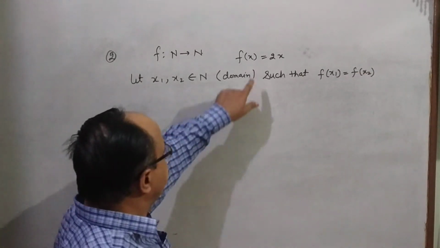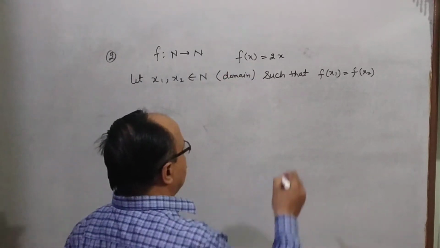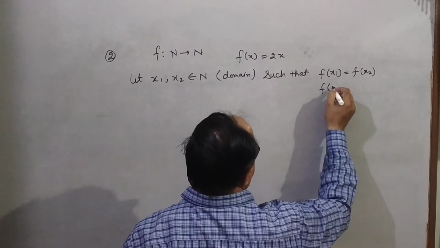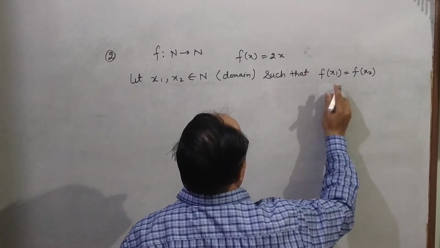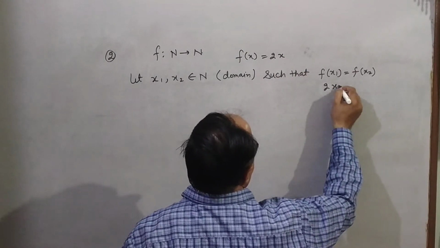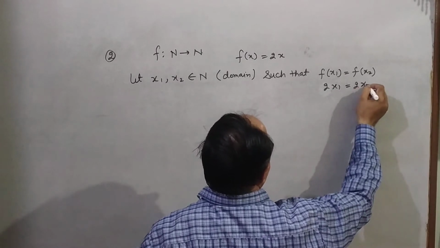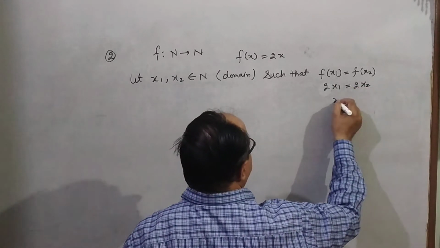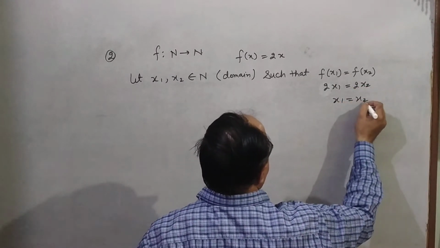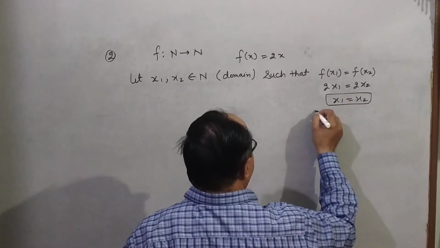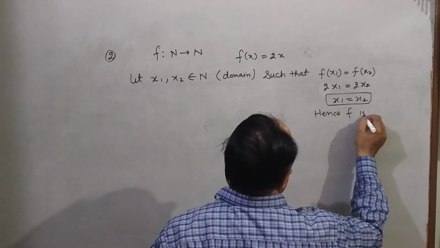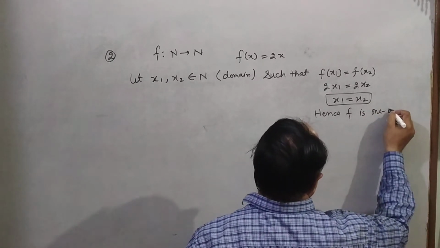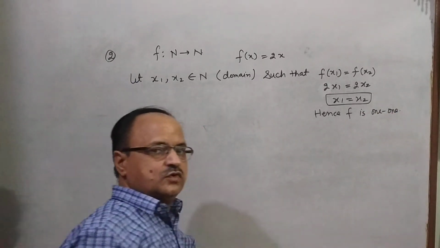Putting in the value of x1, that is 2x1 is equal to 2x2. The 2s cancel, and x1 is equal to x2. Hence, you can say the function is 1-1.